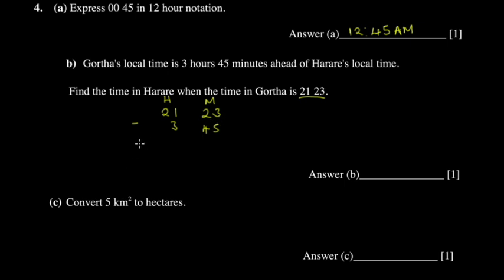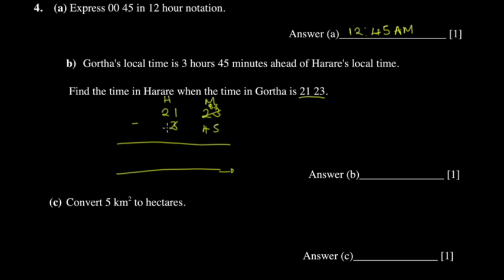So you're subtracting 3 hours 45 minutes. For the minutes, we're working in base 60, as in 60 minutes make up one set there. So for us to subtract 23 minus 45, it can't, so we have to add 60 minutes here, and then 60 plus 23, you actually get 83 here.